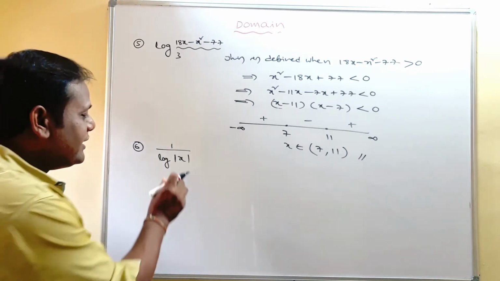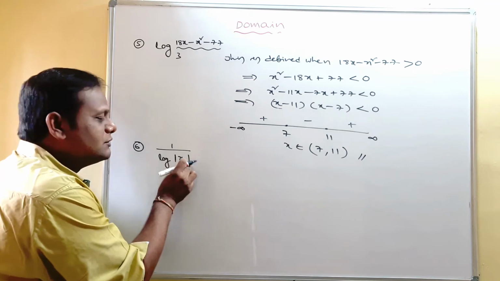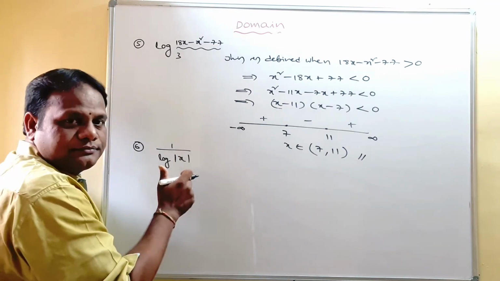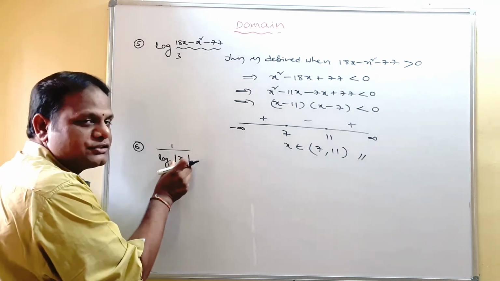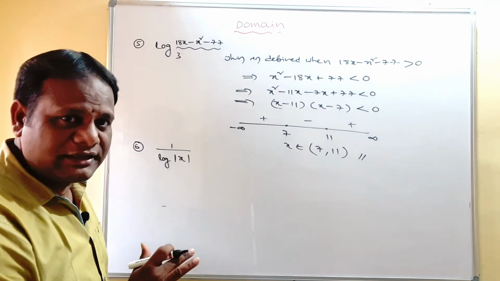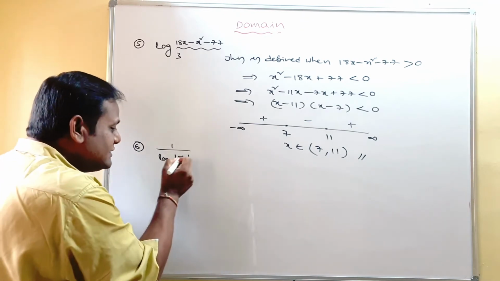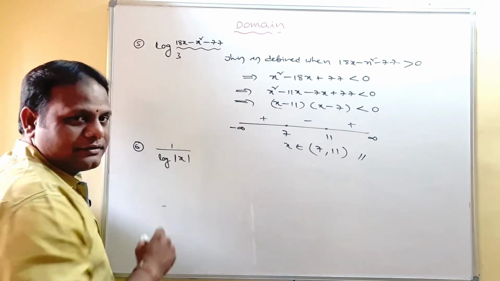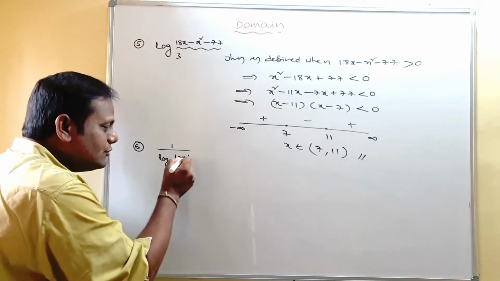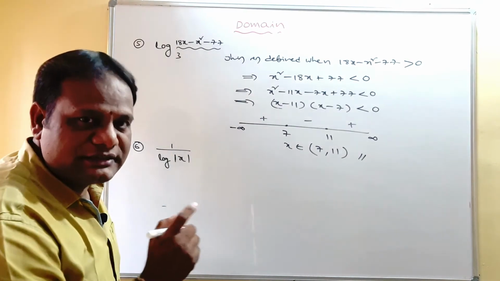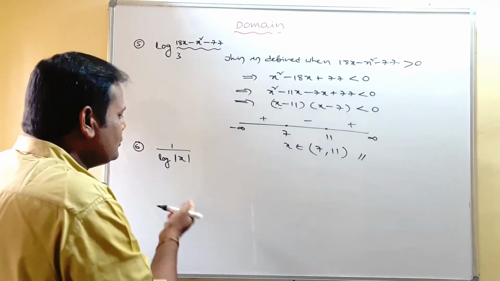Here we have mod x, so even if you take negatives, you get positive only, so that is not a problem. But this is in the denominator, so it must not be 0.